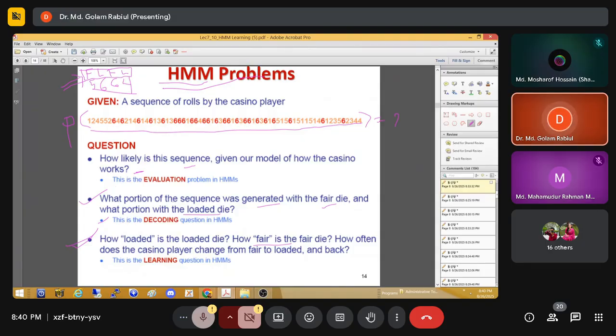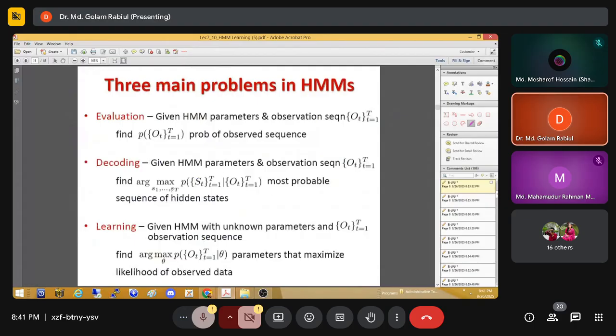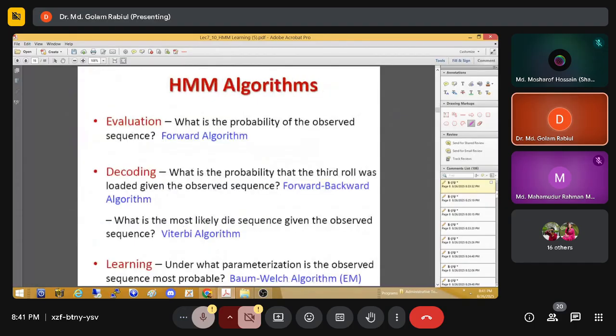In today's lecture, we want to find this answer: based on the observation sequence, we want to find the state sequence. For that, we will apply the Viterbi algorithm.